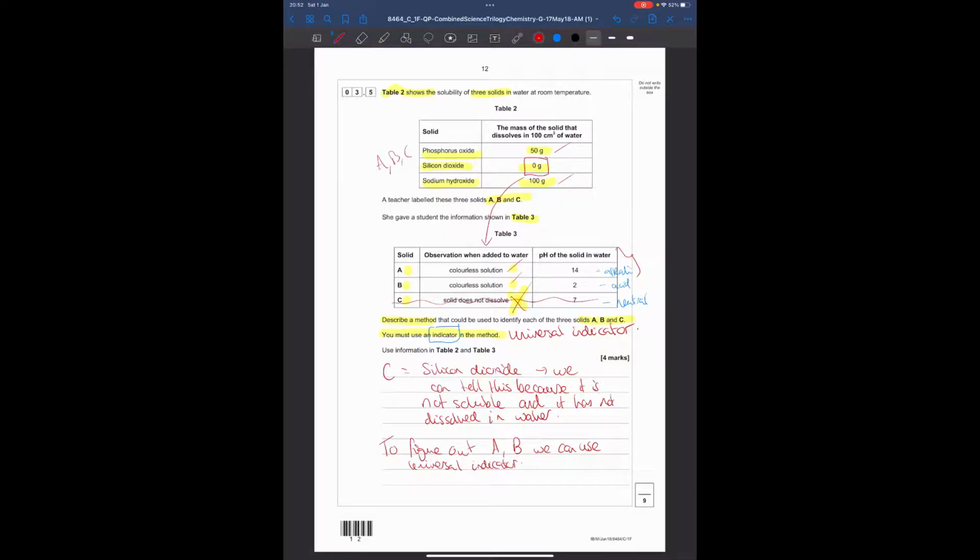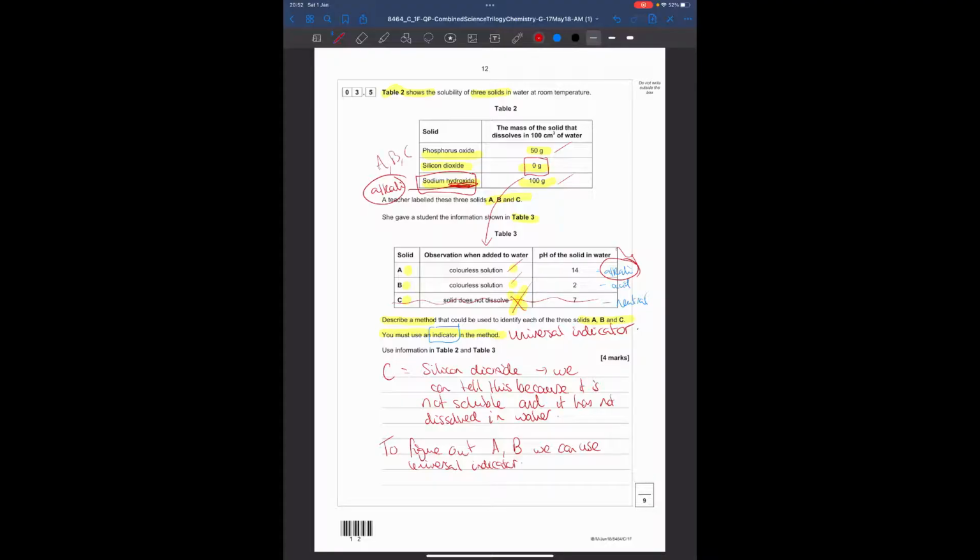Now sodium hydroxide, we should notice this word hydroxide, that is an alkali. It's normally the standard one we use in the lab to neutralize hydrochloric acid. Because it's an alkali, we then know from our pH scale that it is therefore A.